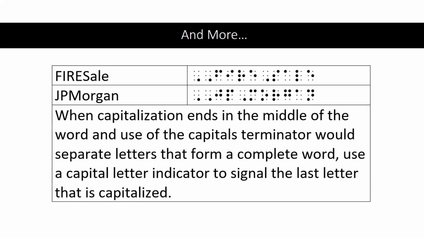Right. What's the protocol for using a terminator in the middle of a word or using the last letter cap? Okay, if it was fire sale, and the first letter of sale was not capitalized, we would use the terminator after fire.